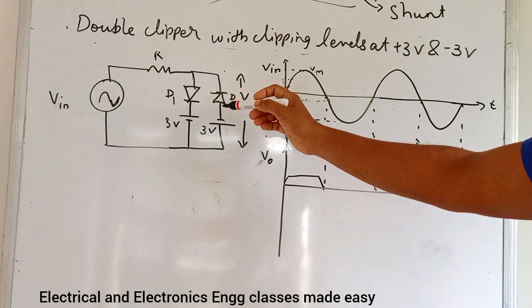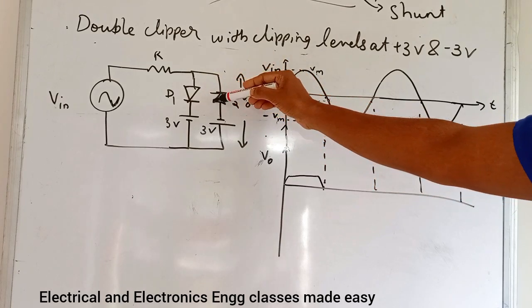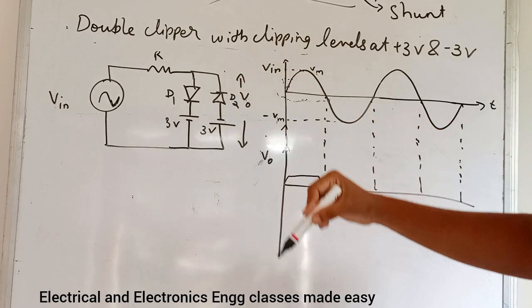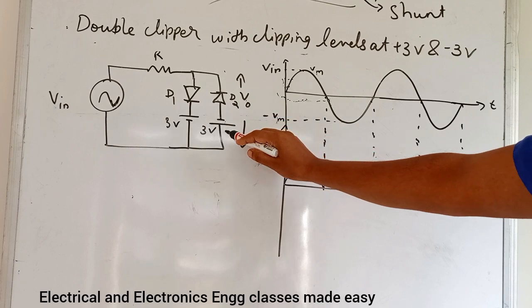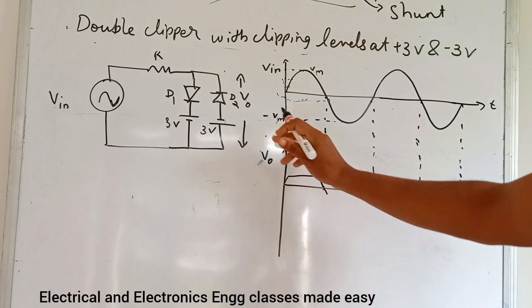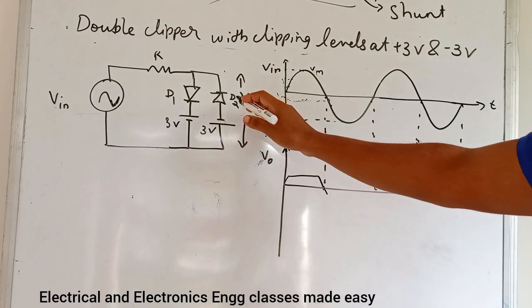Then again in the negative half cycle, this one will be open, but this diode, that is diode D2, will be in forward biased condition. But here also, up to this 3 volt it will not conduct. So we will get the output waveform, that is input waveform across this diode.